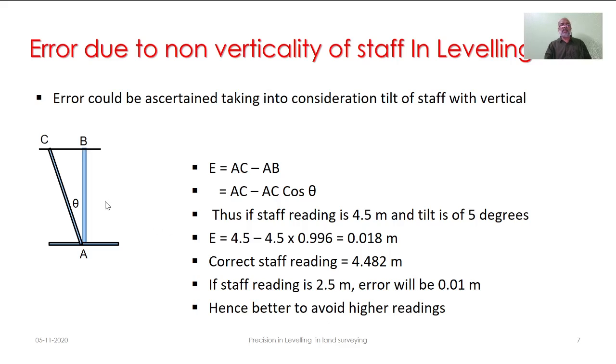One thing we must take into account here: determination of this theta for each of the readings is not a feasible operation. Hence, it's better to make use of the pond level that is provided with the staff and to follow particular measures to keep the staff vertical, which would be a better proposition.